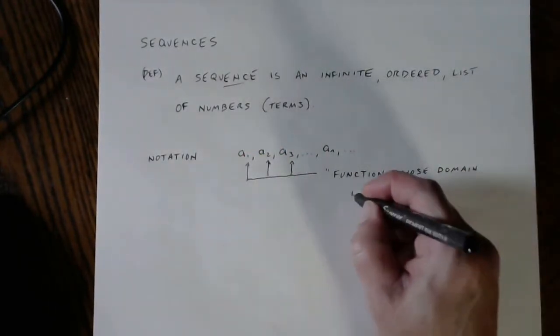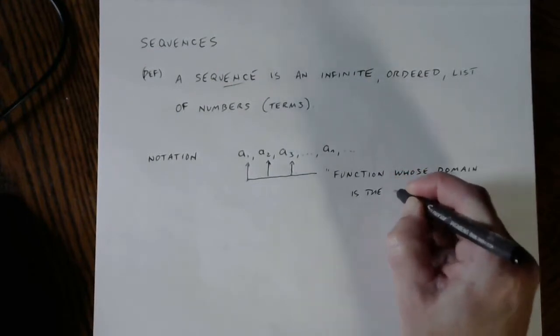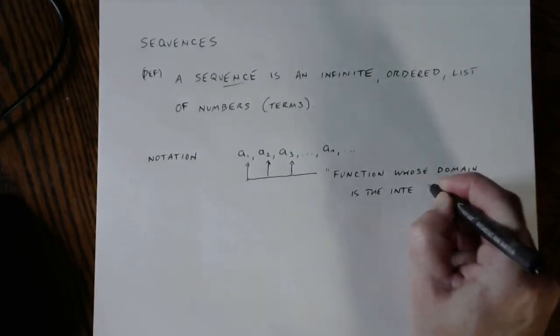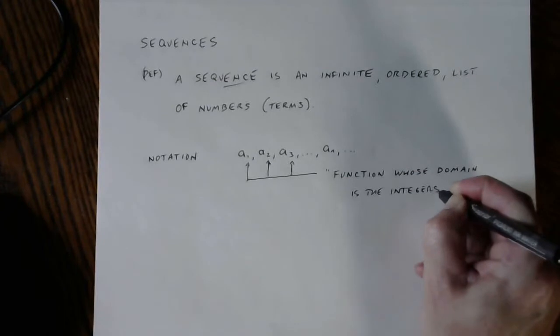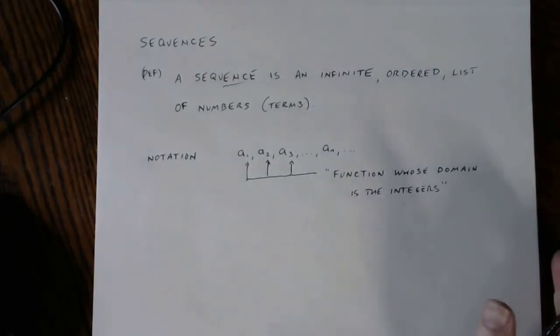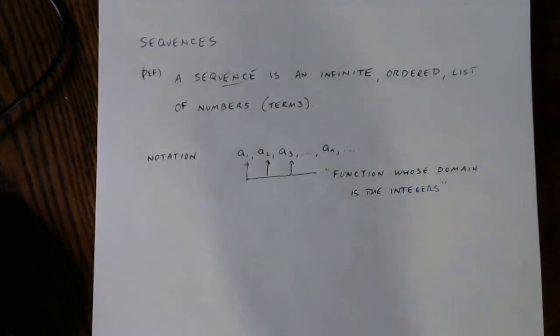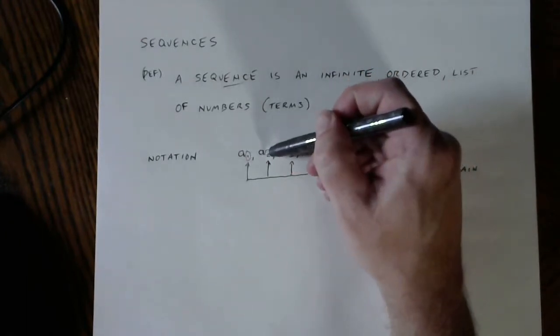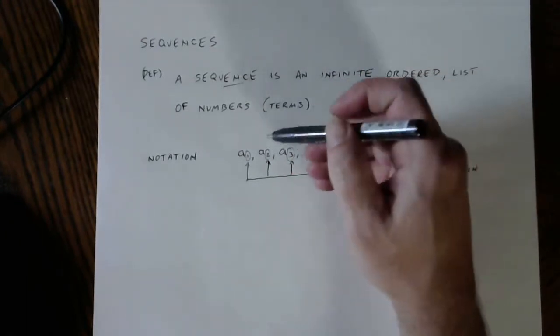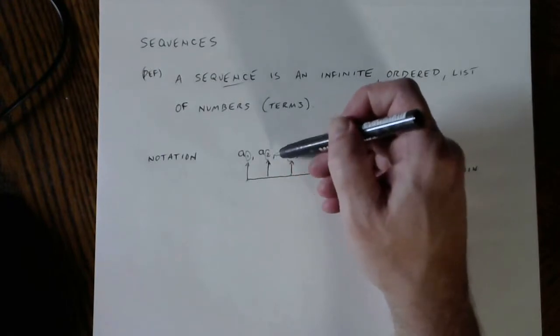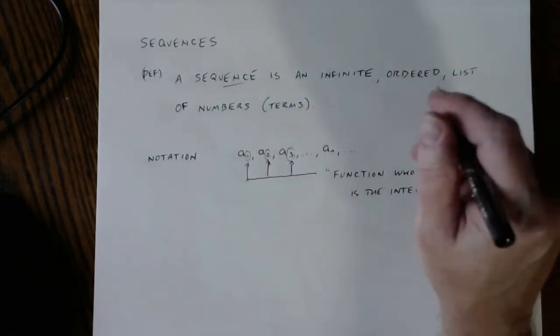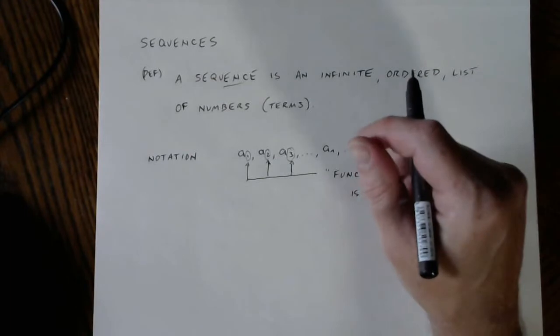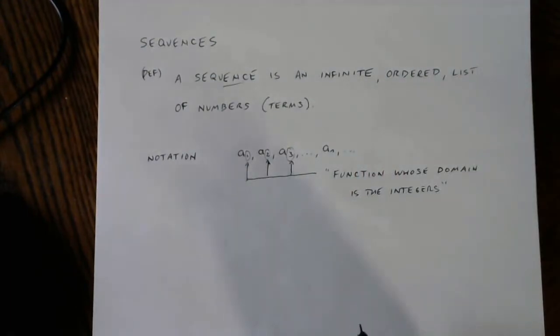A function whose domain is the integers. In other words, if I think of 1, 2, 3, 4, 5, etc., these values, which we'll call the index, as sort of the inputs, they're providing the individual values. So that's a way to think about it.